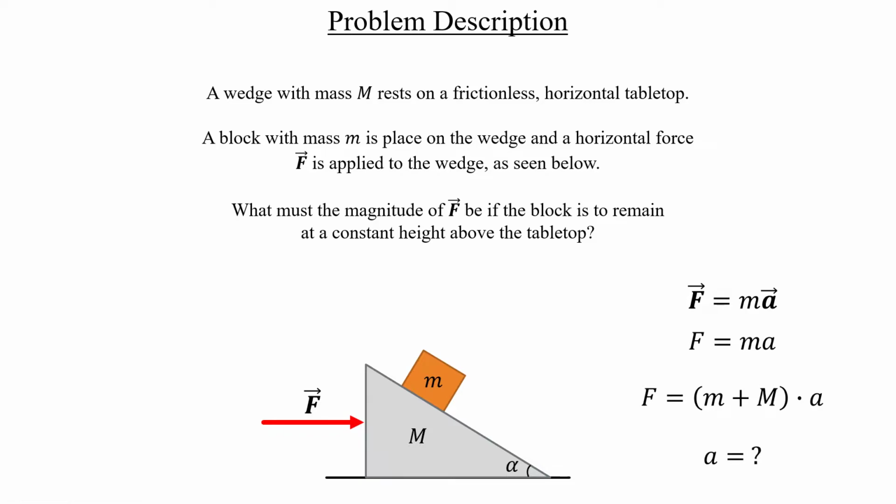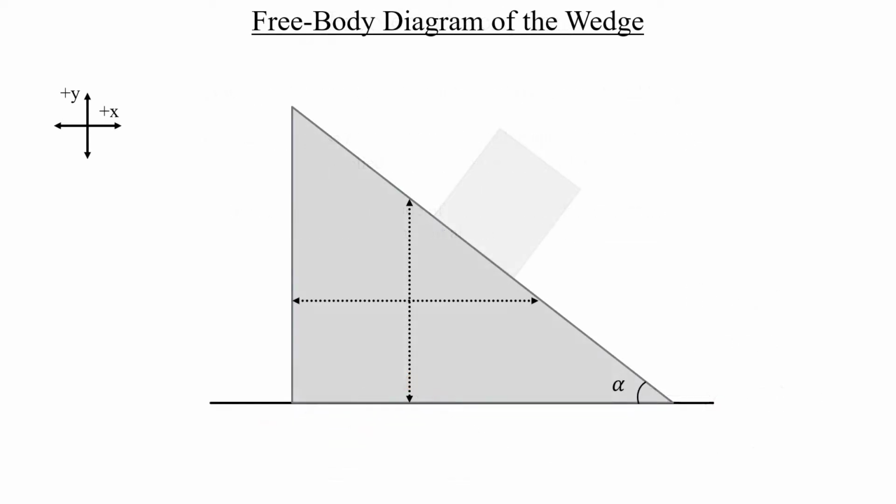For the sake of showing all of our steps leading up to the answer, let's begin with the free body diagram of the wedge. Most of the approach doesn't change from how we did things in problem number 27. The coordinate axes stay the same, and in the y direction we still have the weight of the wedge and the normal force from the tabletop canceling each other out.